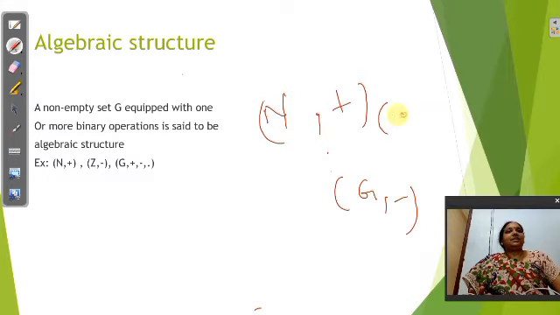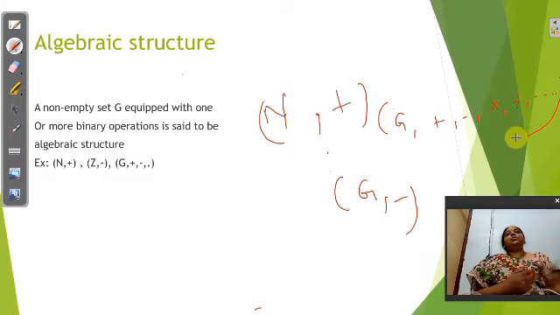The algebraic structure may be equipped with one or more binary operations. That means G is a set, and plus, minus, into, divided by and so on, it may take so many operations like that, one or more binary operations.